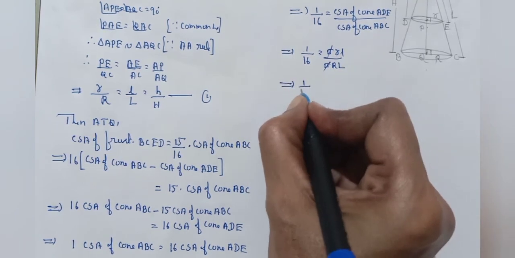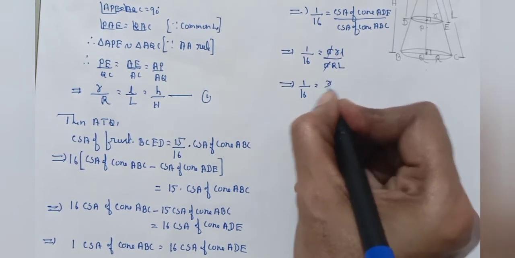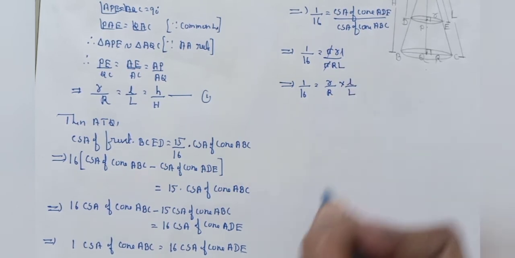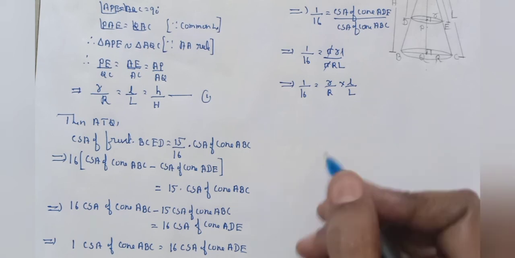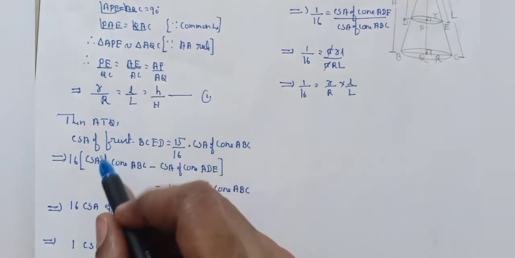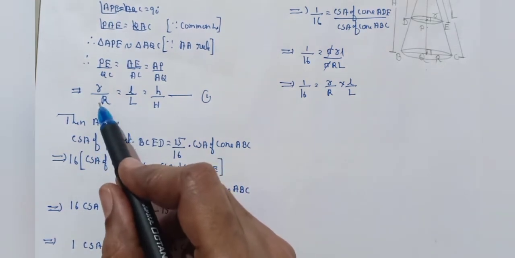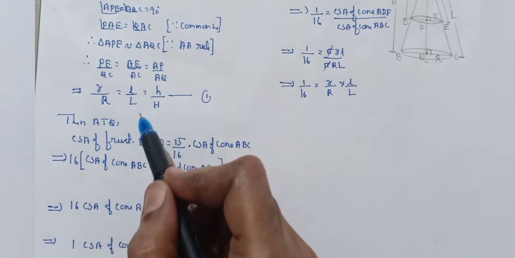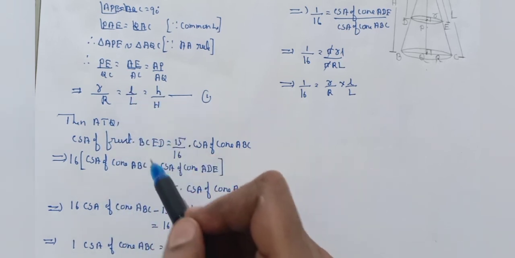Then 1 by 16 is equal to small r by capital R into small l by capital L. Now see equation 1. From equation 1, small r by capital R is equal to small l by capital L is equal to small h by capital H.